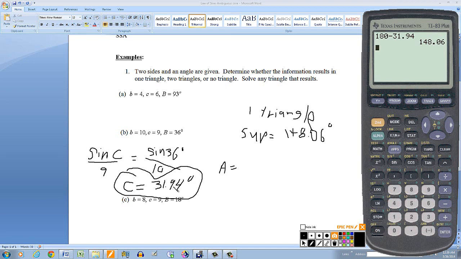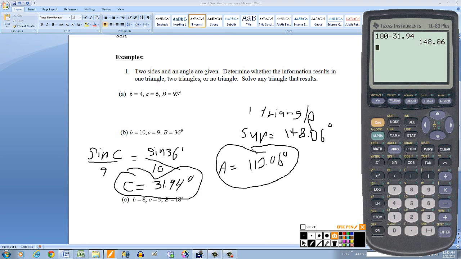Because we know the angles have to add up to 180, we add the 36 and the 31.94 and subtract it from 180, and we get 112.06 degrees. Okay, so here's the other angle. Now we have all three angles. We have C, we have B, we have A.